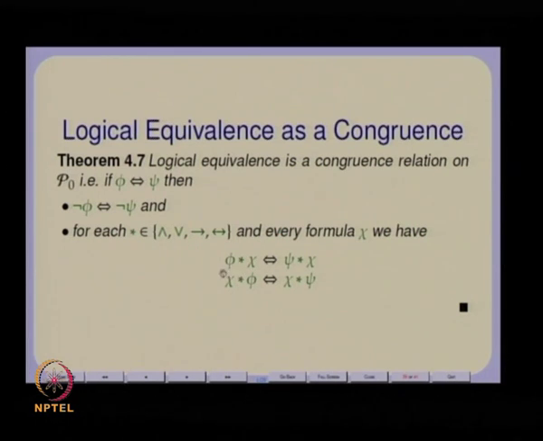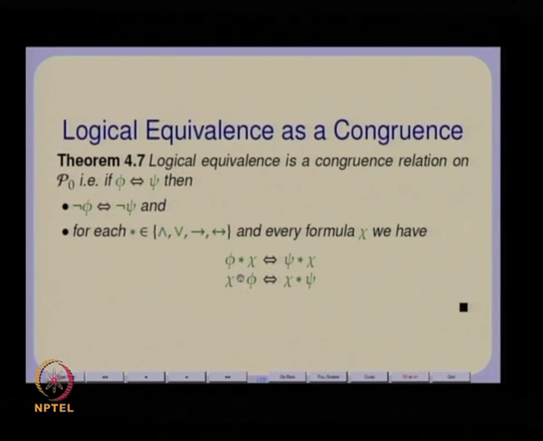It will happen that phi star chi or chi star phi is logically equivalent to psi star chi or chi star psi respectively, right? So this is how contexts are created. The interesting thing about any algebraic congruence is that we prove it only for these, but it holds for any complicated framework you might form out of these operators.